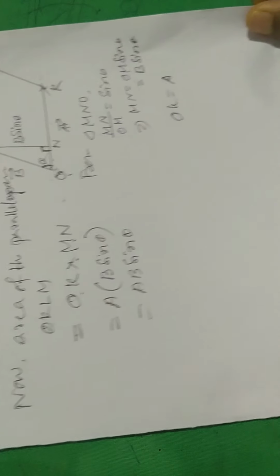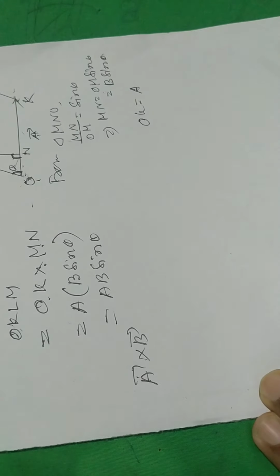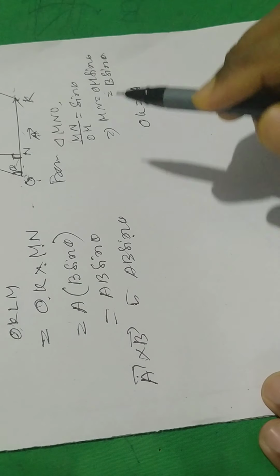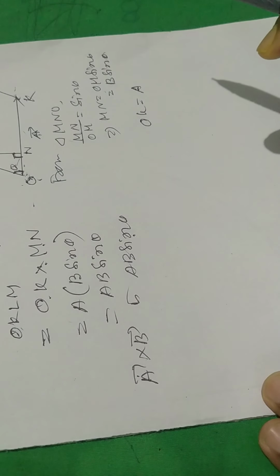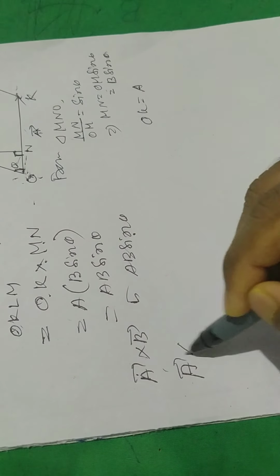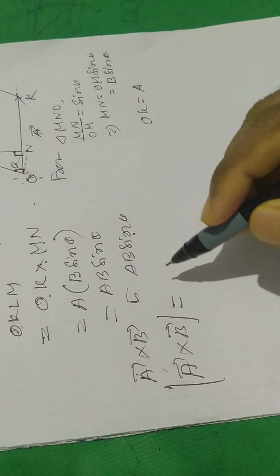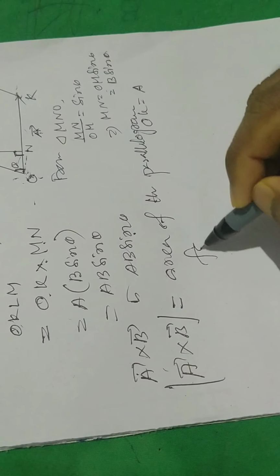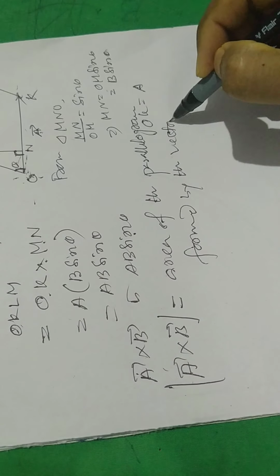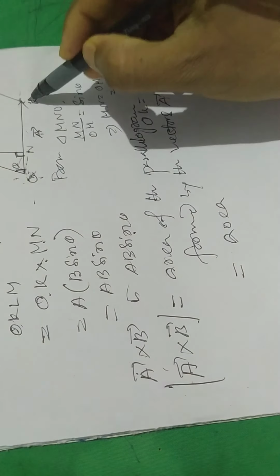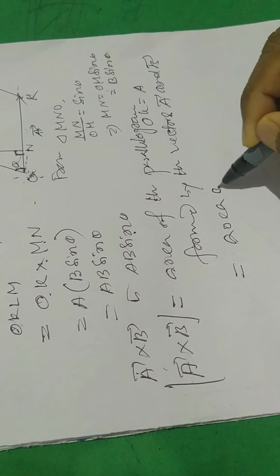Since the magnitude of the vector A cross B is AB sine theta, hence it shows that the magnitude of the cross product of two vectors equals the area of the parallelogram formed by vector A and B. So magnitude of A cross B is equal to the area of the parallelogram formed by the vectors A and B, that is, area of OKLM.